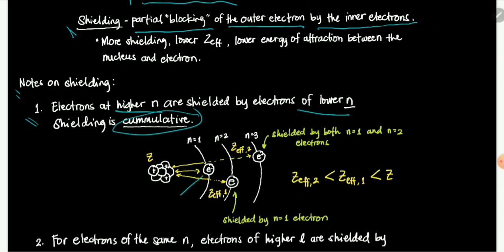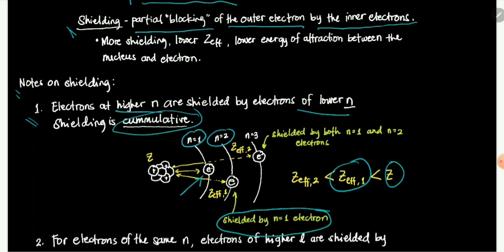So if you have the innermost electron here na experience yung full nuclear charge Z, which is the largest magnitude, okay? So kapag ka meron ka namang electron above that inner electron, yung N equals 2, so ang na-experience niya ay Z effective 1. So that's less than the full magnitude of your nuclear charge. Kasi nasi-shield siya no N equals 1 electron.